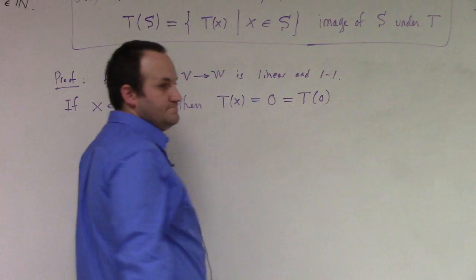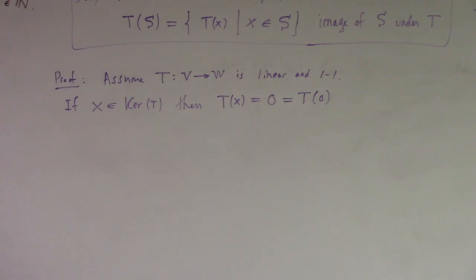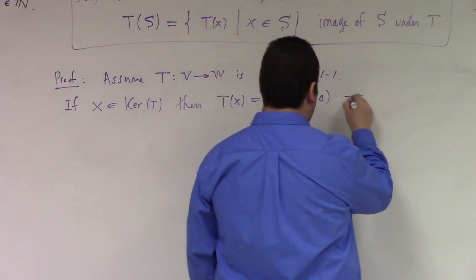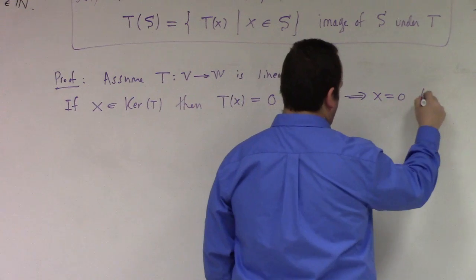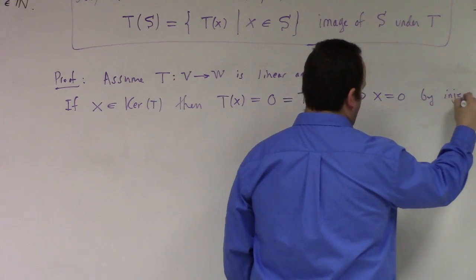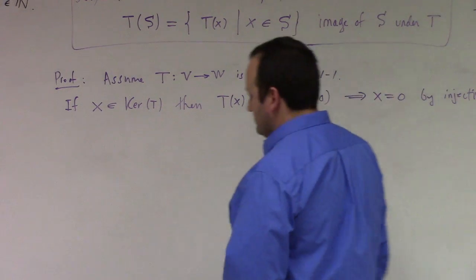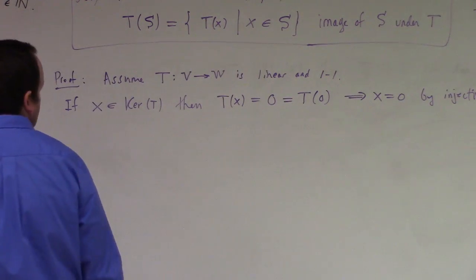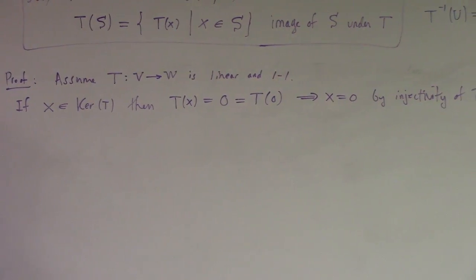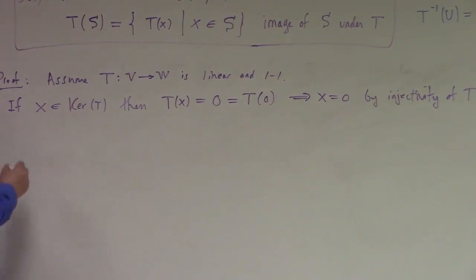T of 0 by ghost number 1. Consequently, by injectivity, right? So therefore what?